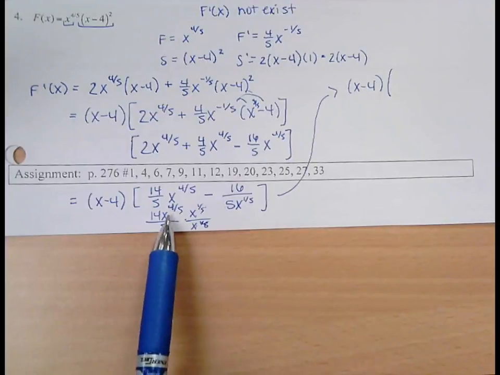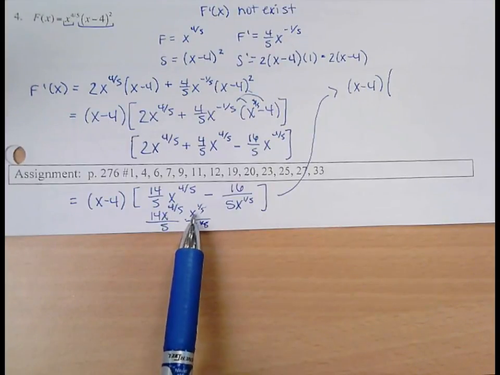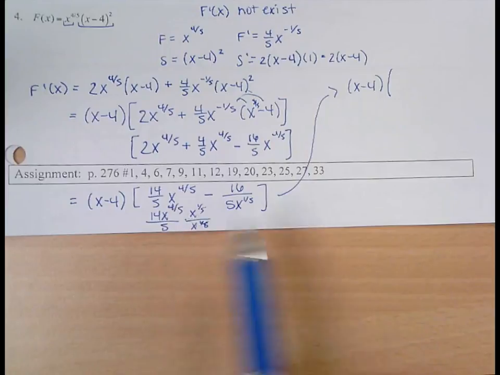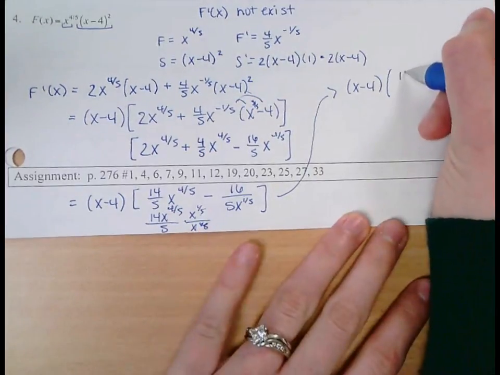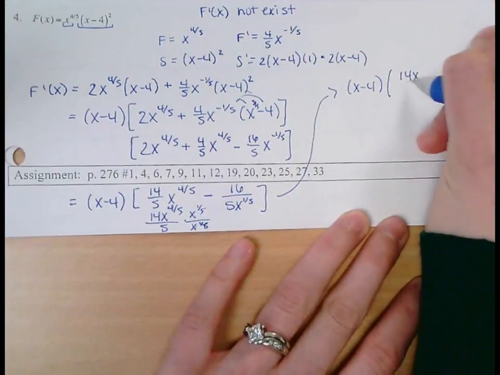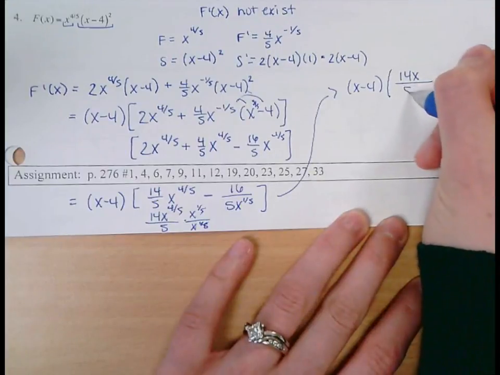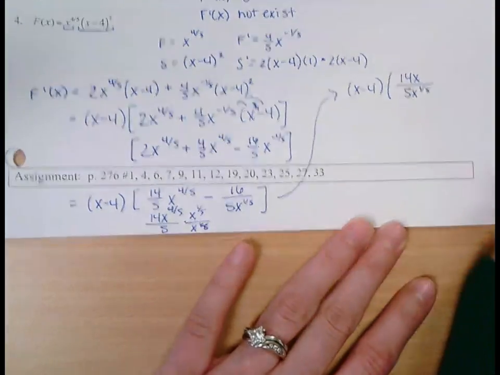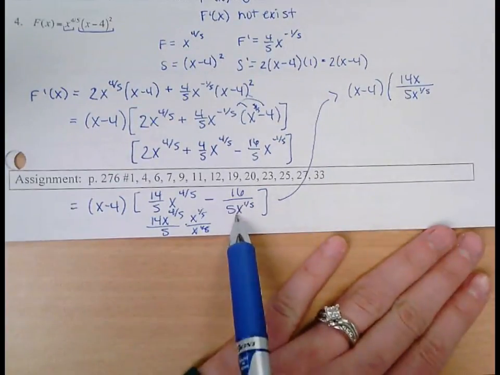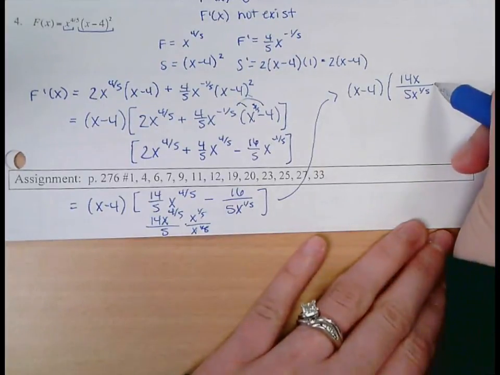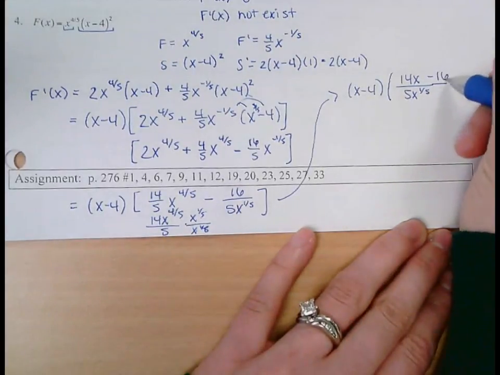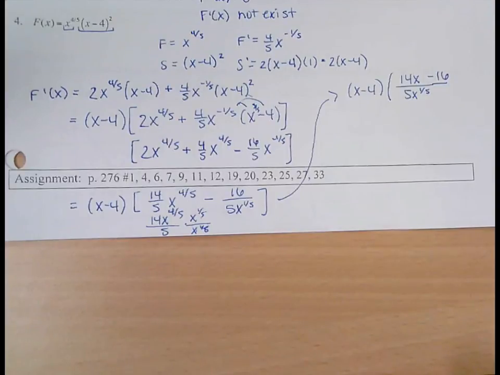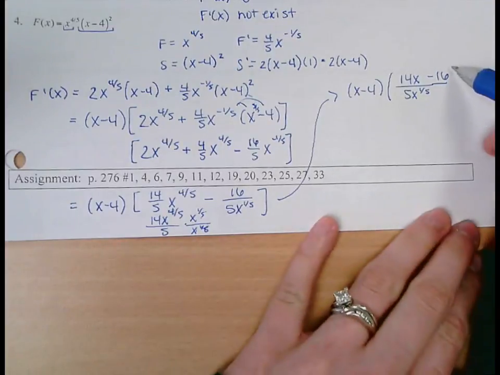On top here then, the x to the 4/5 times x to the 1/5, add those exponents would just be x. So I would have 14x over 5x to the 1/5. And then it would be minus 16 over 5x to the 1/5. So I'm just going to combine those right away as well and just put 14x minus 16 over 5x to the 1/5.